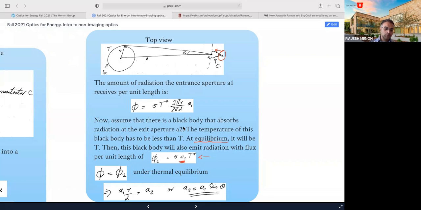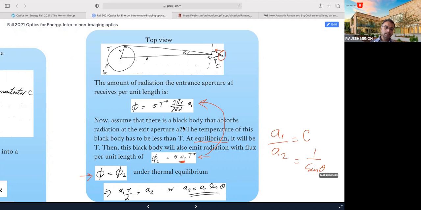So this condition becomes true, and then we can equate these two expressions, because they have to equilibrate at steady state. Otherwise, one will be gaining heat and another will be losing heat. And so we're assuming that's not steady state. So this is equilibrium. Then we come up with a very simple expression that we saw before, that A1 divided by A2, which is the concentration factor, is now 1 over sin theta.